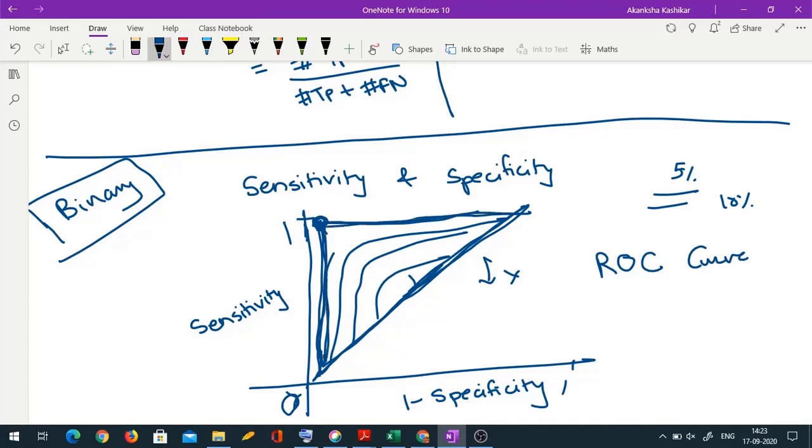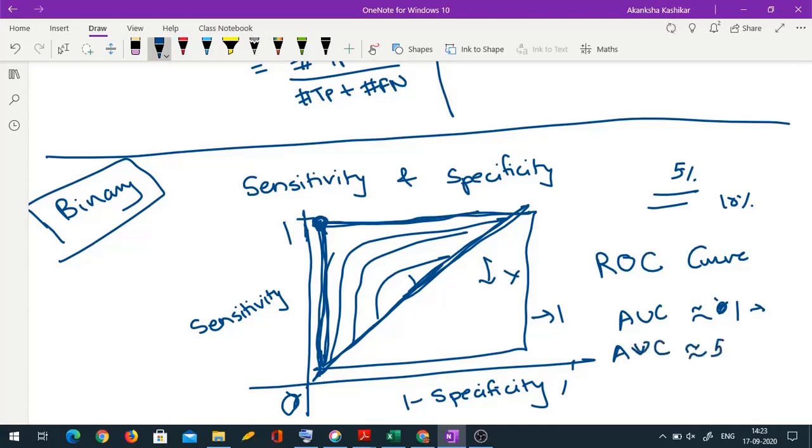If you consider this as a curve, the area under that curve is almost 1. So if the area under the curve is almost 1, then the classifier is good. And if AUC becomes roughly 50%, then we will say that the classifier is bad, because the random classifier has an AUC of 50%. It has covered half the portion of the rectangle. So anything above 50 is good. Of course, anything close to 1 is very good.